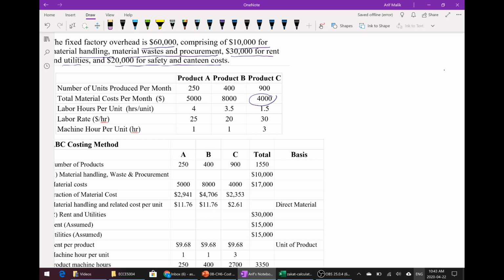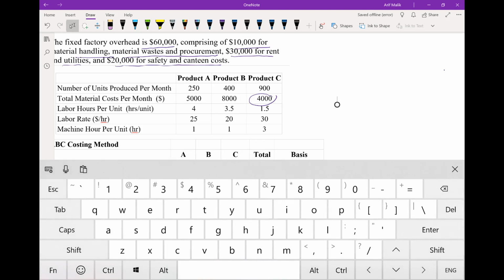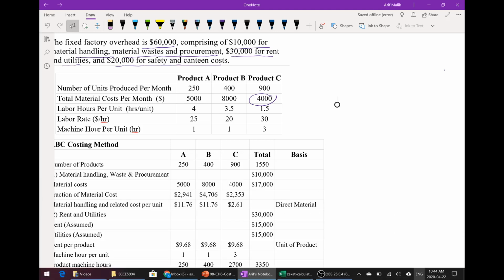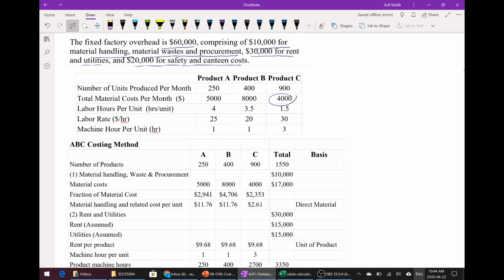We have been given $60,000 as factory overhead, comprising $10,000 for material handling, material waste and procurement, $30,000 for rent and utilities, and $20,000 for safety and canteen costs.